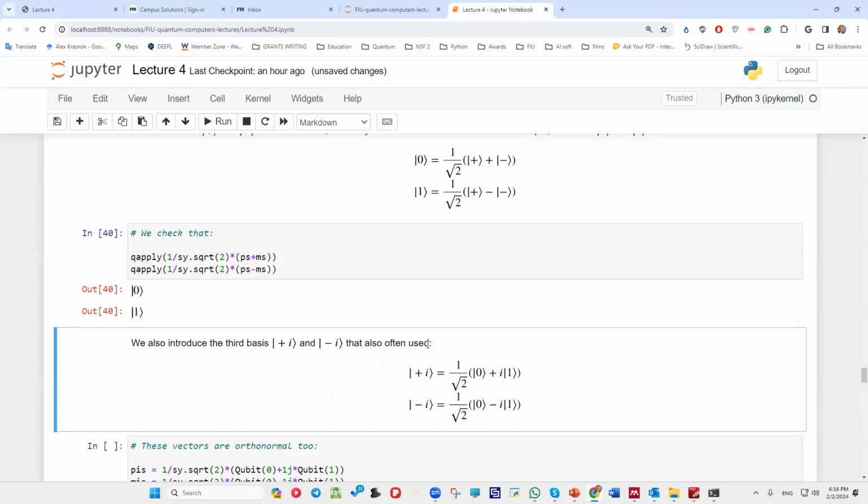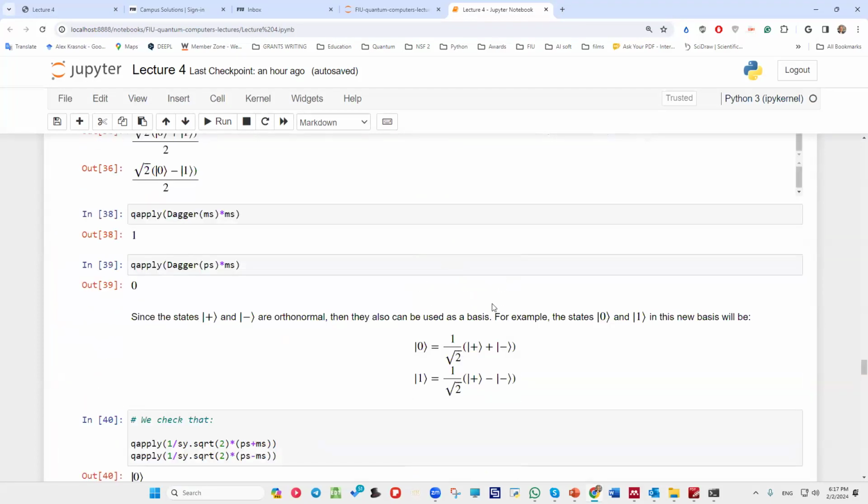Yet there is another basis, the third basis, that also can be used to represent the state of any generic qubit. Okay. For now, we can name them plus i and minus i states.